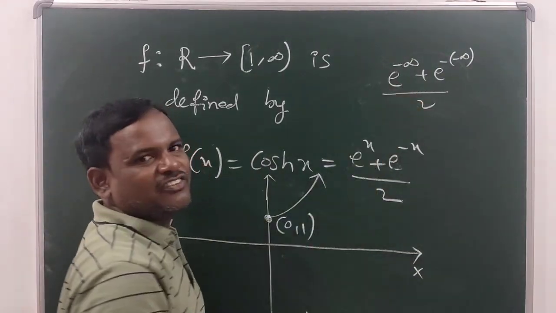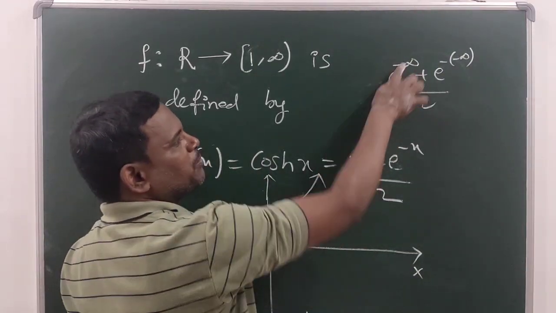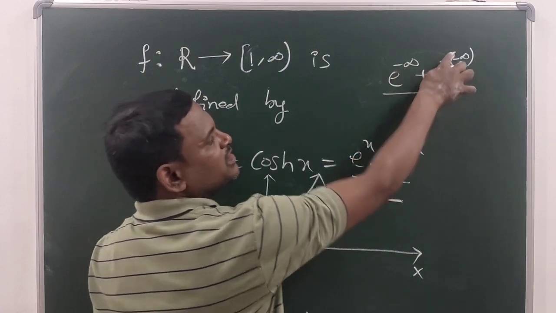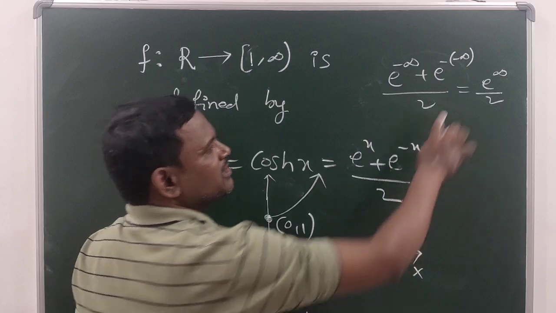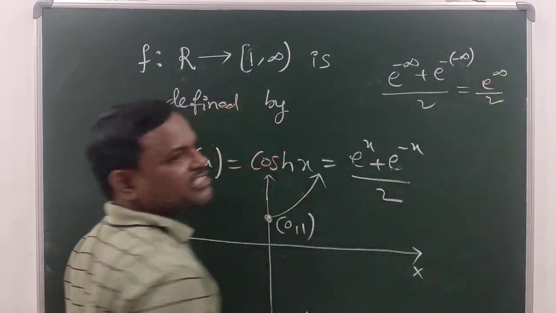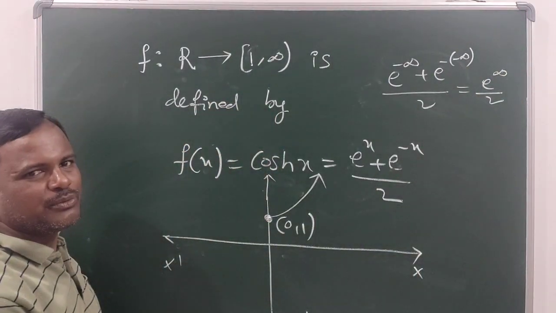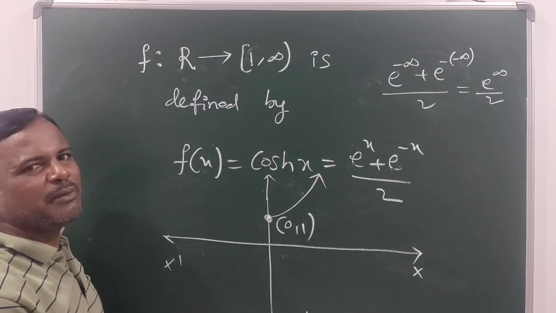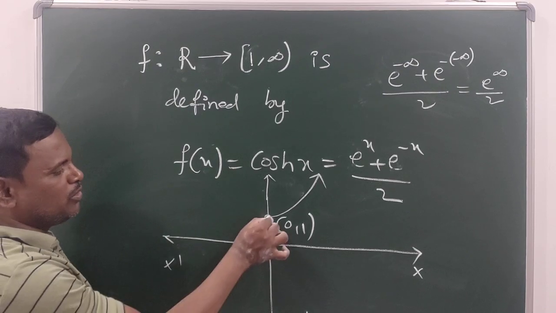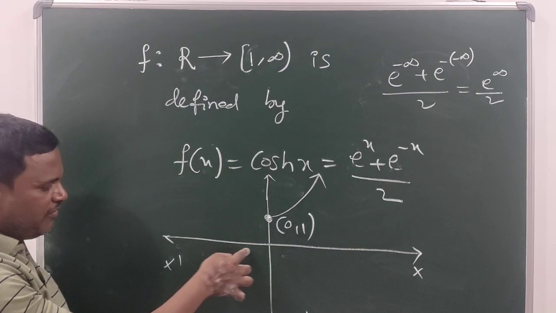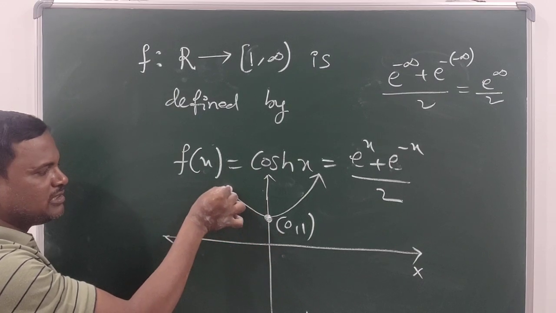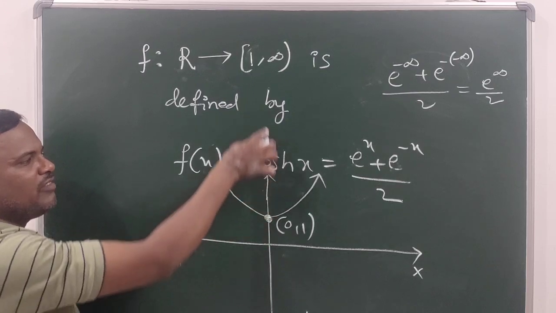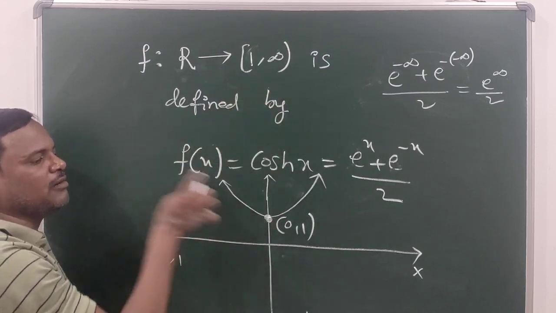Here e power minus infinity means 1 by e power infinity, this part becomes 0, and this becomes e power infinity by 2. As you know, e power infinity is always positive by 2, which means the range will be positive only. So here we are giving negative real numbers for x, and your graph is going like this, because it will come along the positive y axis only.